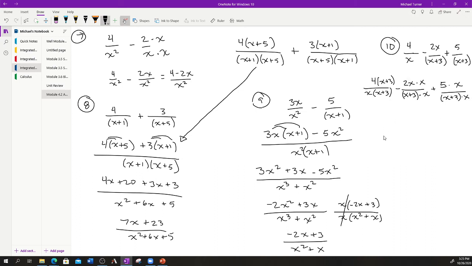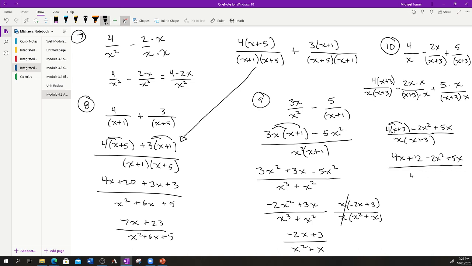Once I do that, I need to clean it up. So the denominator I've already done, right? X times x plus 3. So I know that I'm going to be able to combine these. And then in the top, I have 4 times x plus 3 minus 2x times x, which is 2x squared, and then plus 5 times x. Distribute the 4 to get 4x plus 12 minus 2x squared plus 5x over.